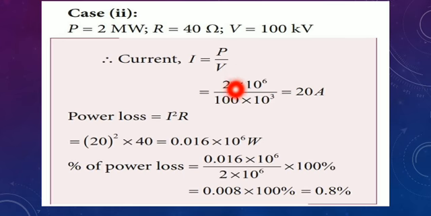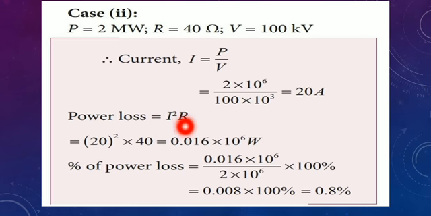Therefore 2 divided by 100, and the 10 power 3 goes to this side as 10 power minus 3, therefore 10 power 6 into 10 power minus 3. So 2 divided by 100 gives 20 ampere. 20 ampere.